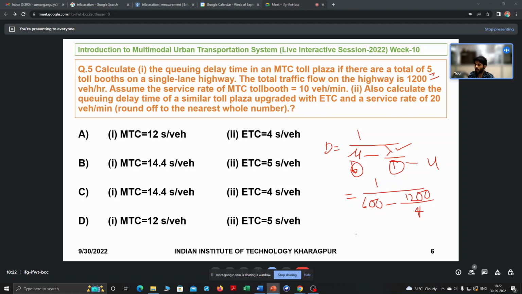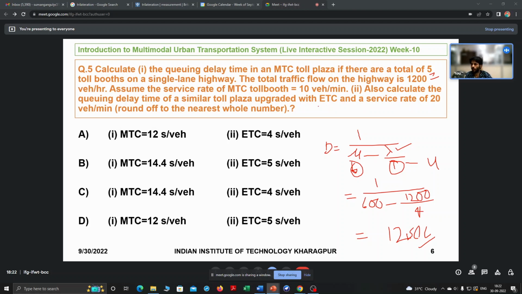So now if I calculate, 1200 by 4 is 300, and 600 minus 300 is 300, then 1 by 300 would be the value in hours. Then for minutes, 60, and for seconds, so 12 seconds. So your answer would be 12 seconds for your queuing delay.